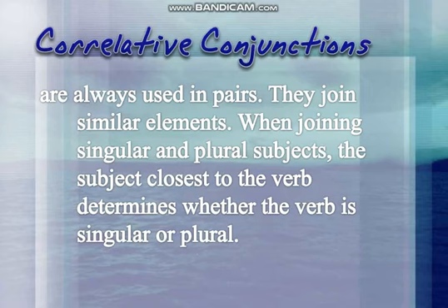If the subject closest to the verb is plural, then we would use a plural verb for it, and if that is singular, then the singular rules would be applied.